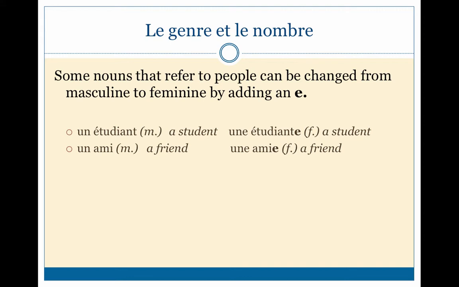So what I'd like for you to do is take a moment and repeat after me. Un étudiant. Une étudiante. I'm exaggerating that a little bit. Un ami. Or if it's a female friend, une amie.